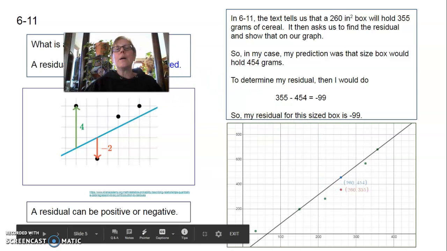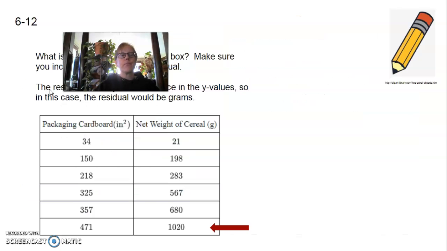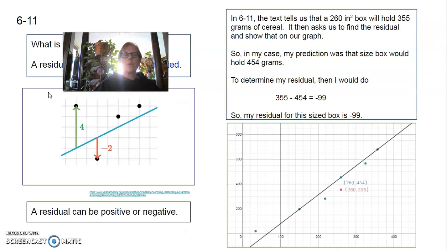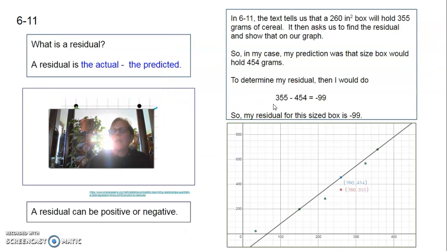All right, so what you're supposed to do in 611 then is determine the residual for the 260-inch squared box. The actual amount that box will hold is 355 grams. My prediction was 454 grams. So when I did the actual minus the predicted, I end up with -99.